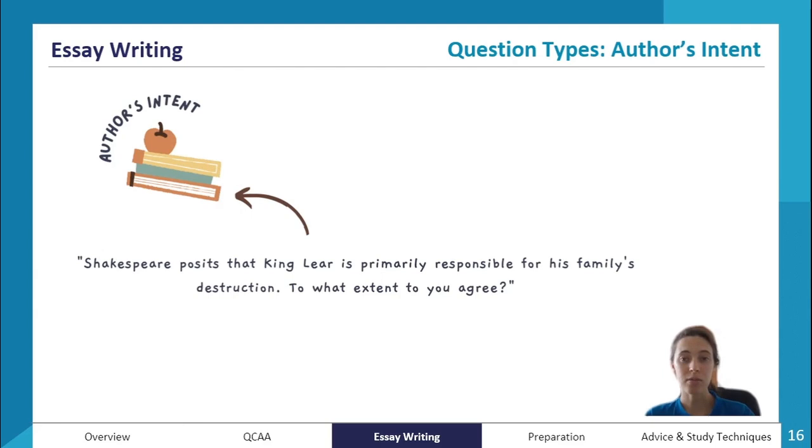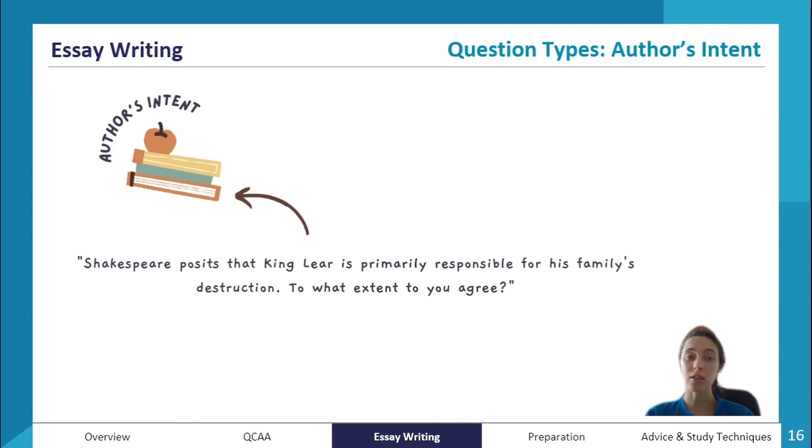Author's intent. So regardless of the kind of question that you get, you will pretty much always be looking at what the author is intending and the strategies that they use and things like that. But you can have particular questions that are worded in a way that's about the author's intent. So Shakespeare posits that King Lear is primarily responsible for his family's destruction.